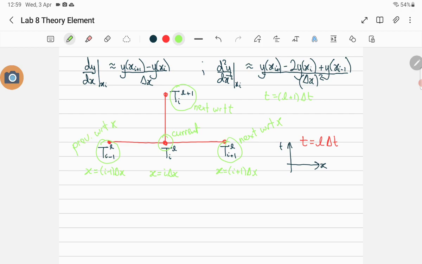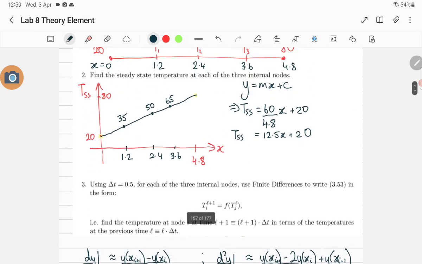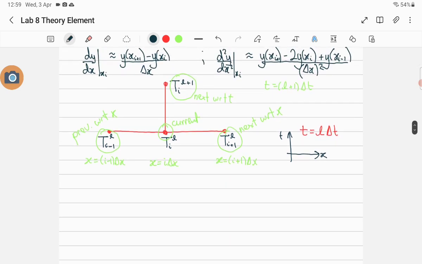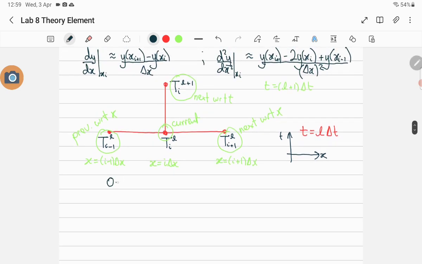Okay, and what we're going to do, we'll just go up and grab the differential equation. 0.3 times the second partial derivative with respect to x is equal to the partial derivative with respect to time.